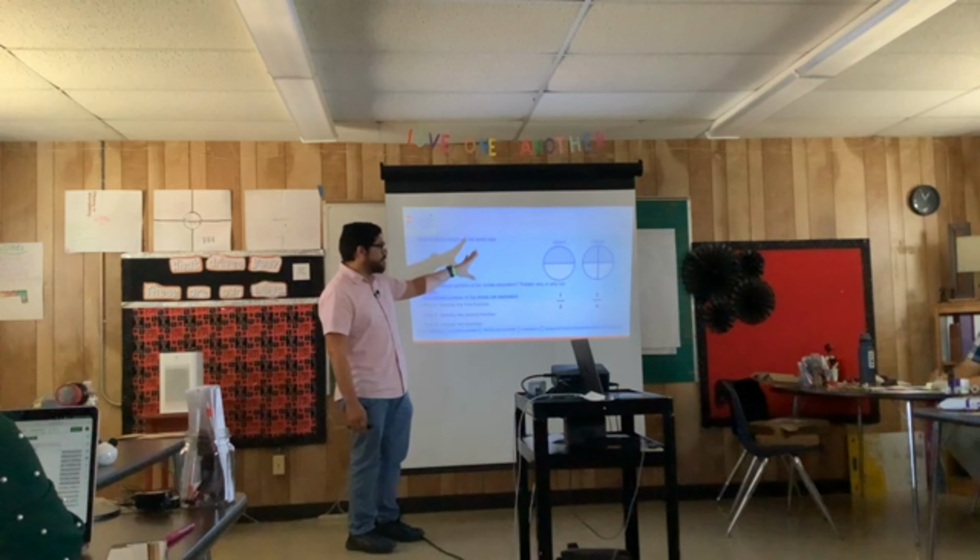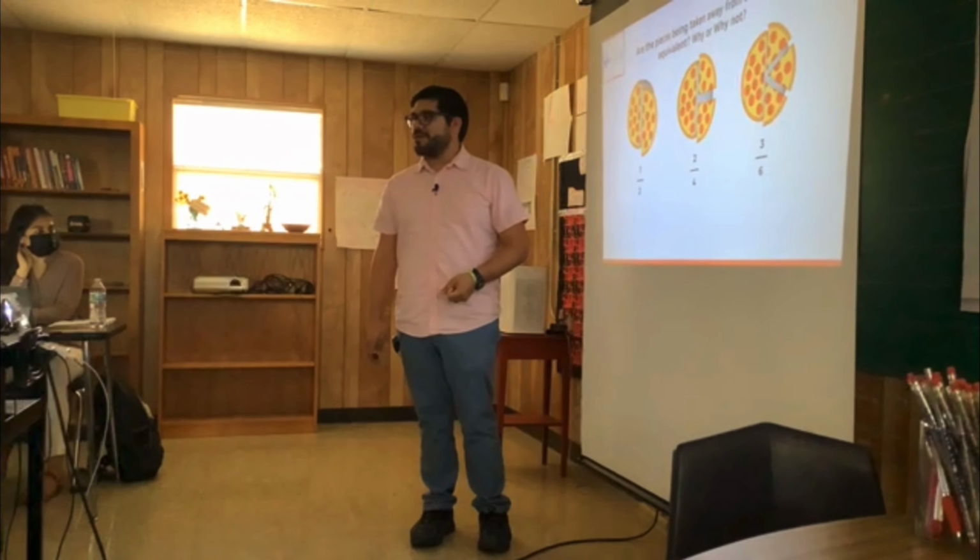So this next one here, very similar to the first one. We have 4 slices, and 2 of them are being taken away. That last one looks different though. There's more slices on there, and 3 of them are being taken away. So we have 6 total slices there, with the 3 being taken away. All of those fractions look completely different from each other.